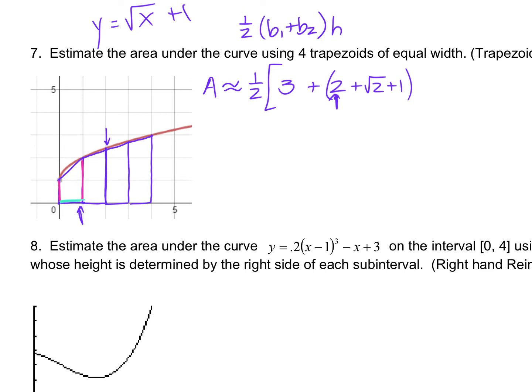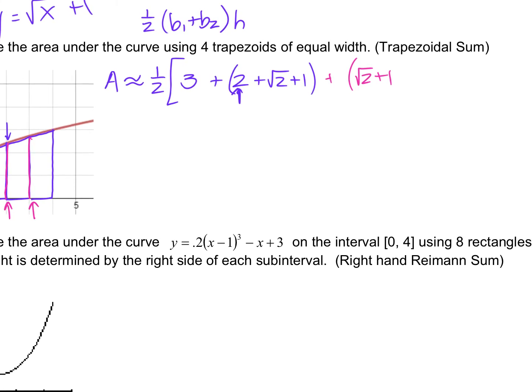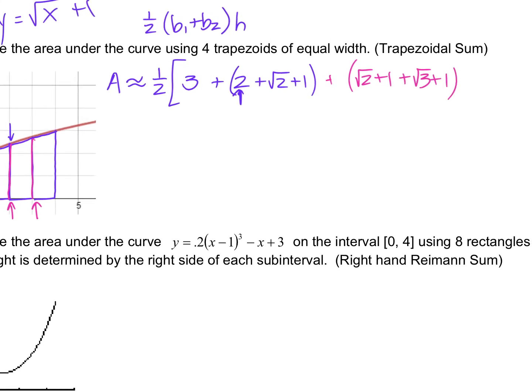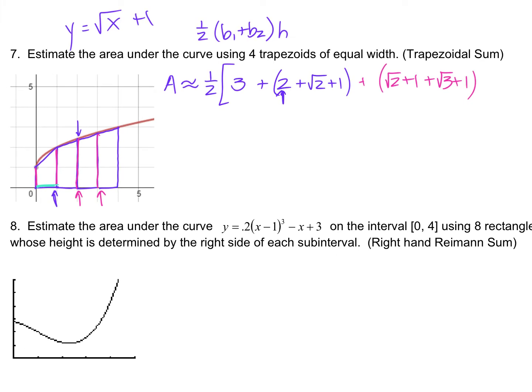All right, so then let's look at the third one. If I'm doing these two, you would have to do it for both of them. So I would do root 2 plus 1 for the first one, and what? Root 3 plus 1 for the second one. Because you're using the x values. Yes. And then the last one, since I'm color coding, we'll go this one and this one, yeah?